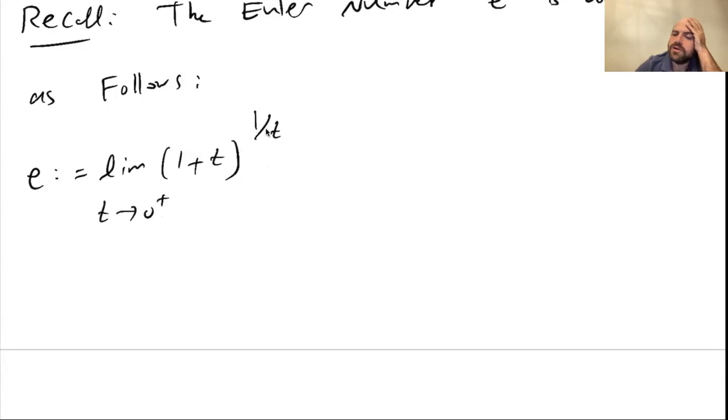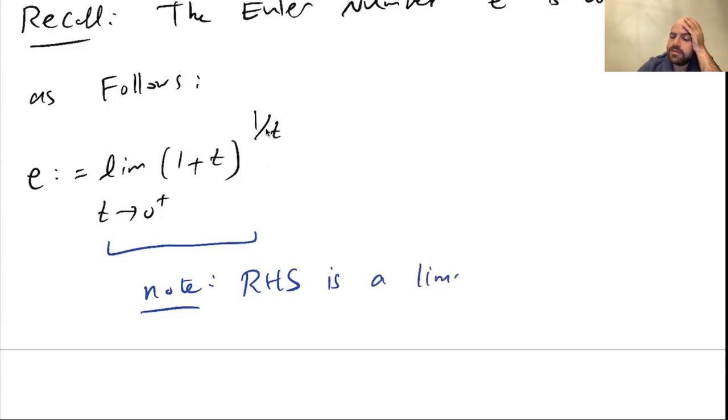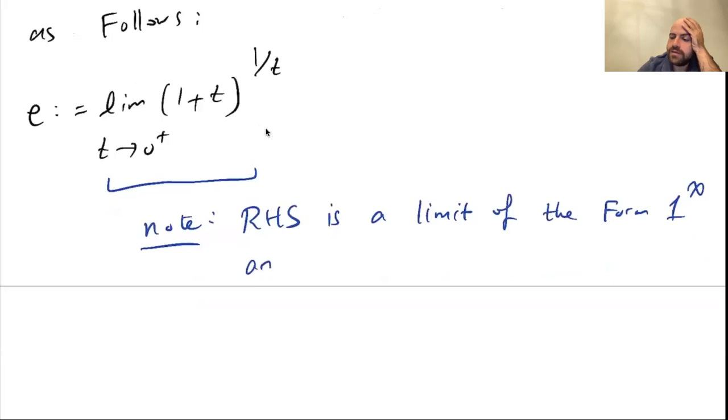Okay, so 1 to power infinity, please remember, is an indeterminate form. So note, the right-hand side is a limit of the form 1 to power infinity, and 1 to power infinity is an indeterminate form.